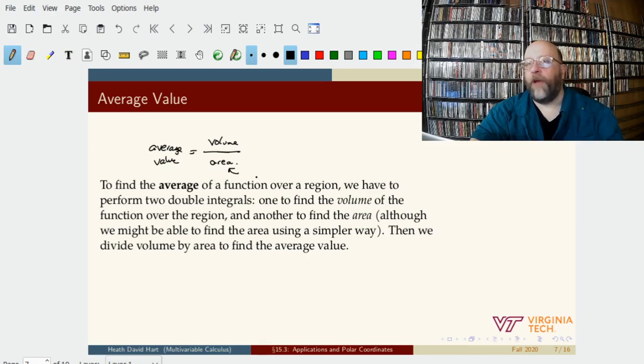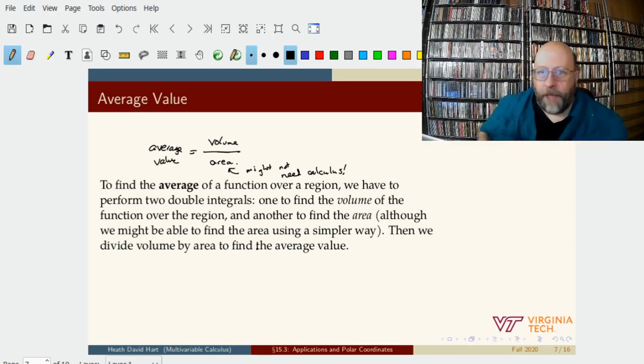Sometimes the area is just pi r squared, or 1/2 base times height. Sometimes this might not need calculus. But we always have to do volume divided by area. Okay? So divide volume by area to find average value.